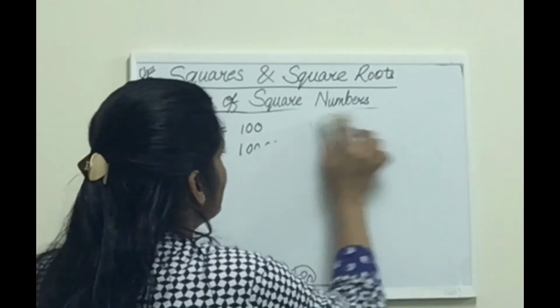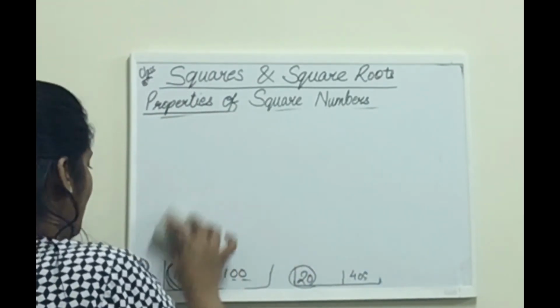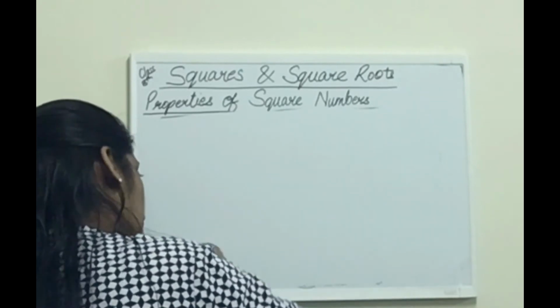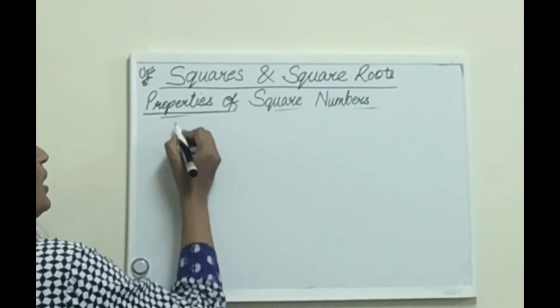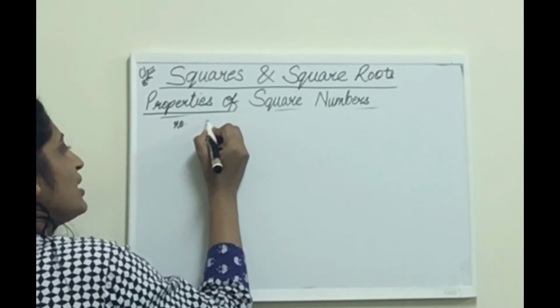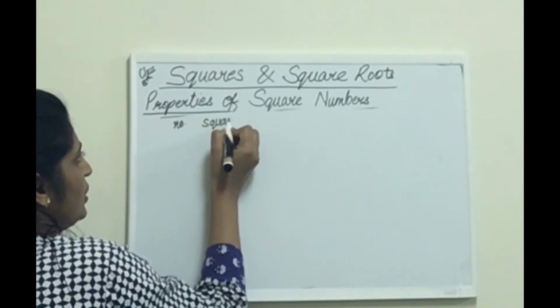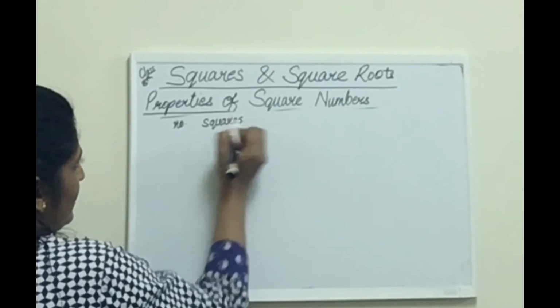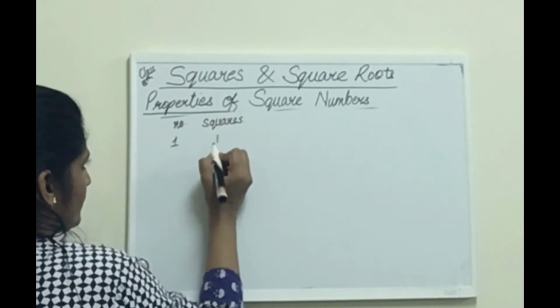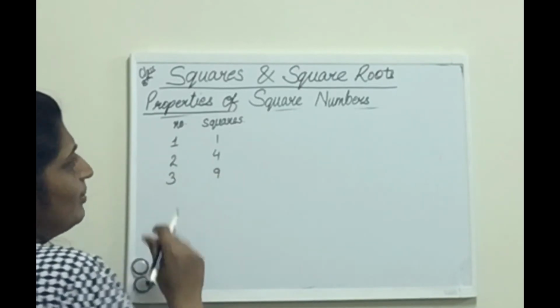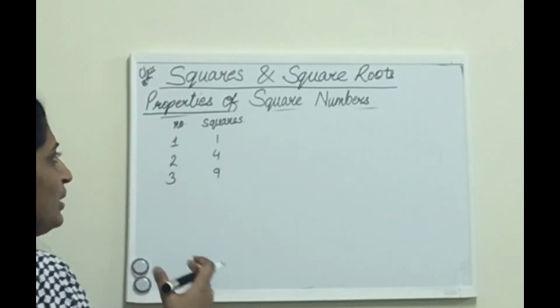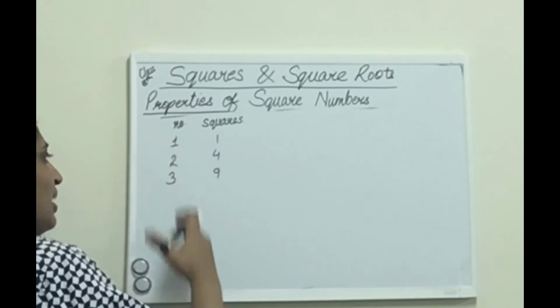And with this we come to the last property of the square numbers, for which I again want you all to look at the table which I am making. Now I hope you can let me know the squares of numbers 1 to 10.